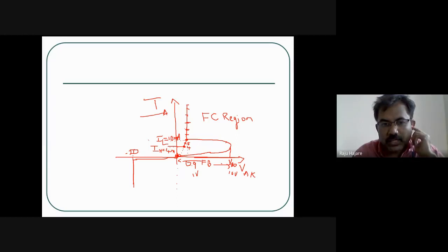So you can call minus 20 volts the reverse breakover voltage, whereas this is the forward breakover voltage, VBO, what we discussed yesterday and today in the beginning. VBO is the forward breakover voltage, but this you can say is the reverse breakover voltage, VBO.